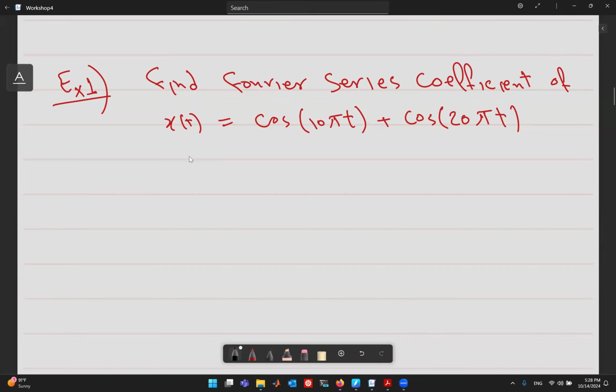The first thing to do always is to find the period of the signal, because so far we're dealing with Fourier series, and Fourier series coefficients can be found only for periodic signals, and also only for signals with finite energy, so over one period. So first we need to find the period of this signal. What's the period of this signal?